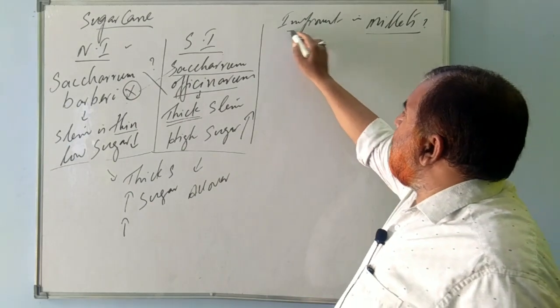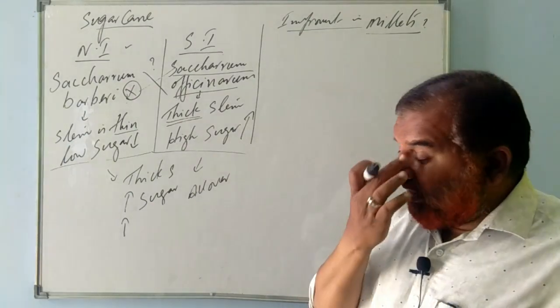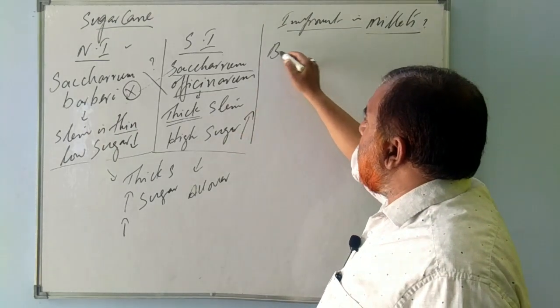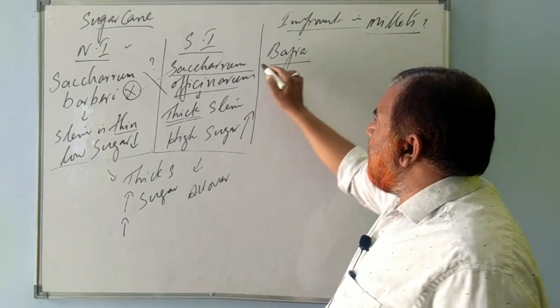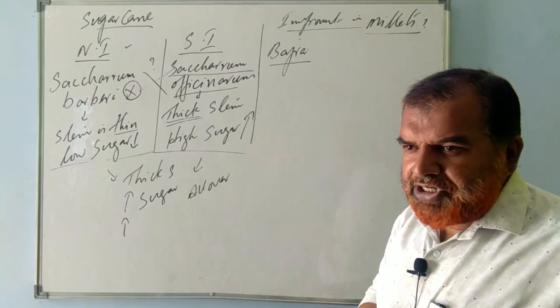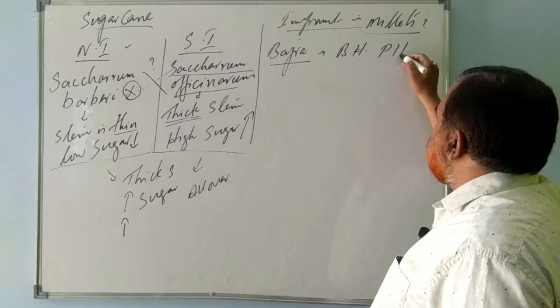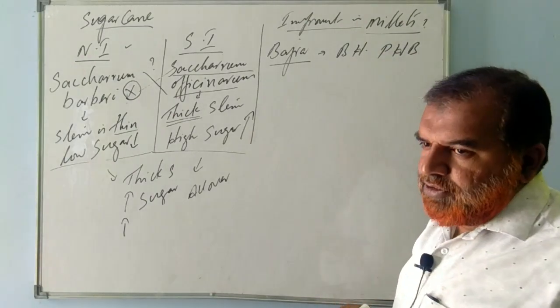Now when we talk about the improvement of millets, when we talk about bajra, many of you might not know it. Check it out. Bajra, the BH series, PHB series, these are the hybrids of bajra grown.